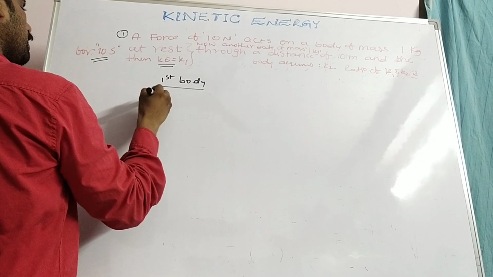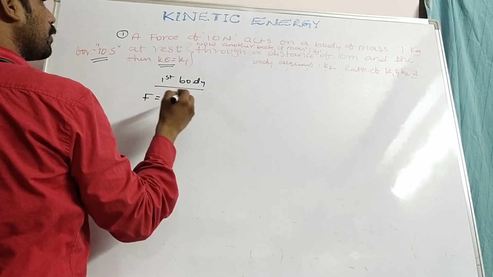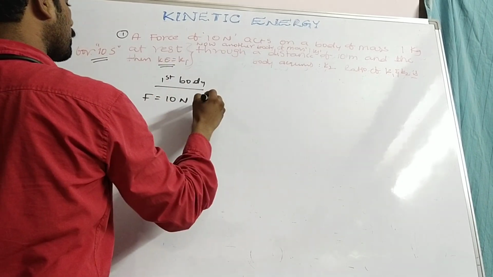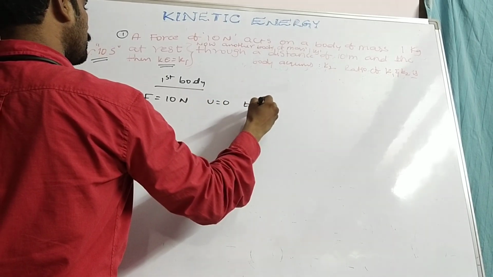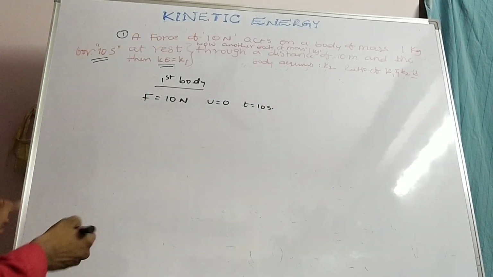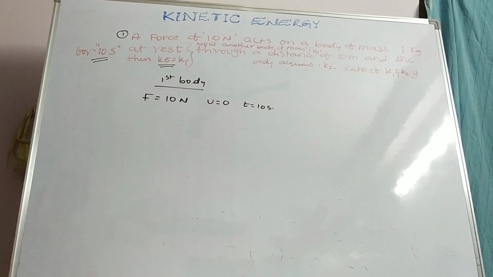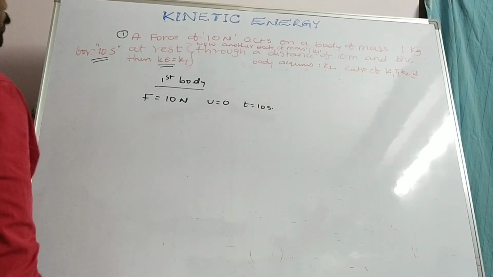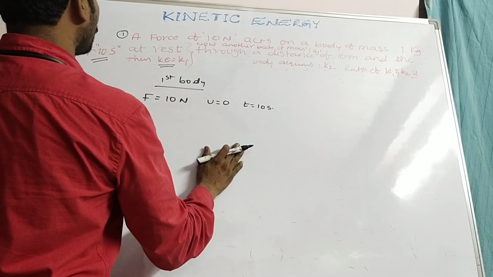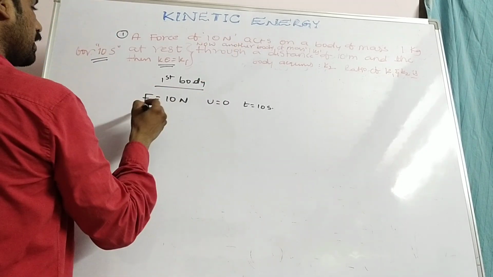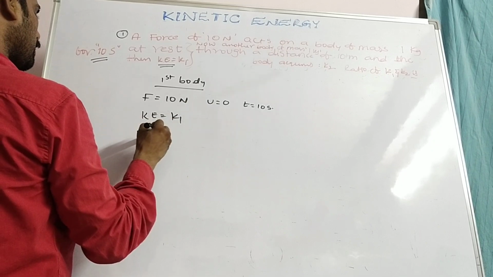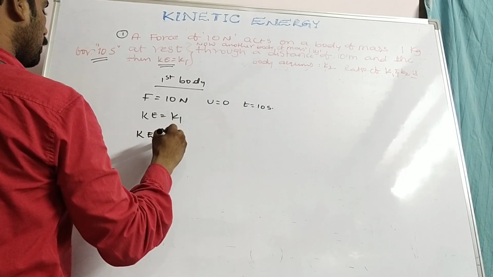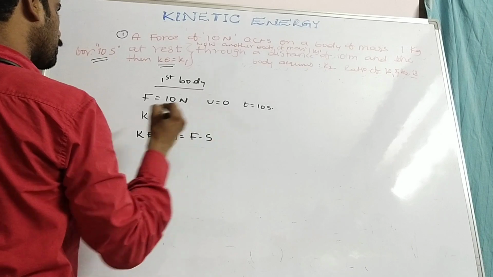Here we have the first body. The applied force F is equal to 10 Newton, and the body starts from rest, so the initial velocity u is equal to 0, and time t is equal to 10 seconds. We have to find K1, the kinetic energy, which is nothing but work done, that is force into displacement.